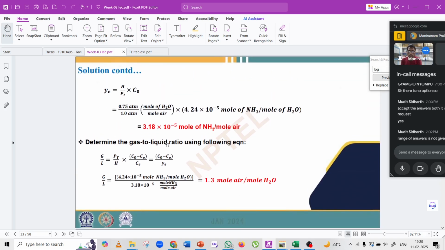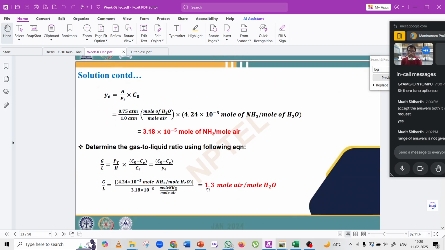Here you can see they have found the 1.3 mole of air in the form of moles, but overall the formula used is this only.